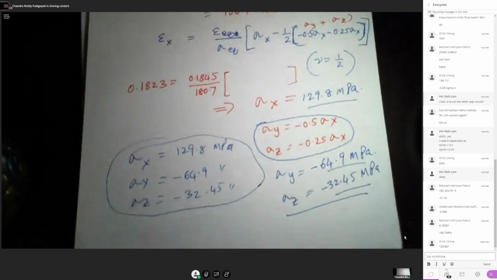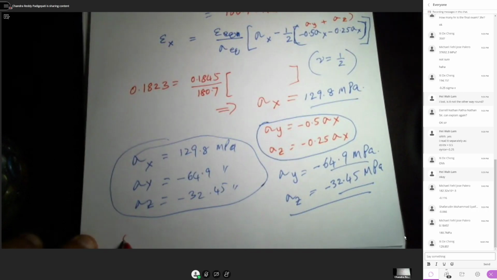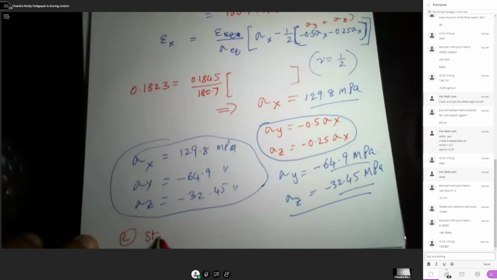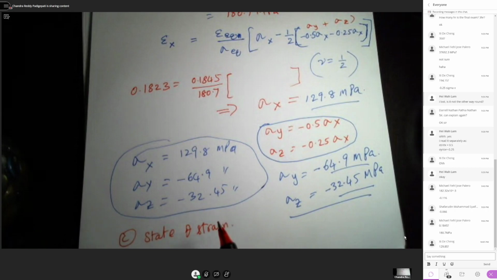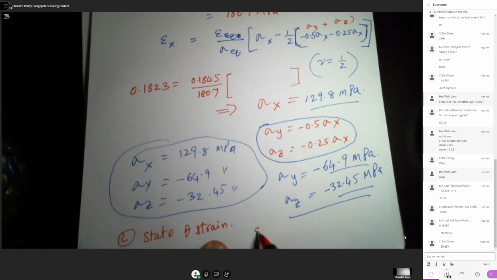Now, part C, you are asked to state a state of strain. State of strain means you just include the strain components in terms of a matrix. So you can just write the strain matrix.